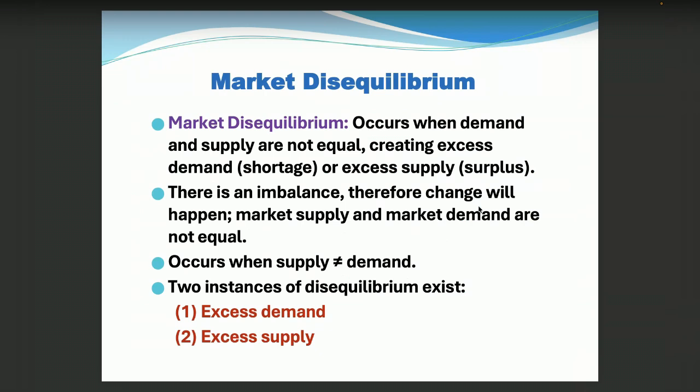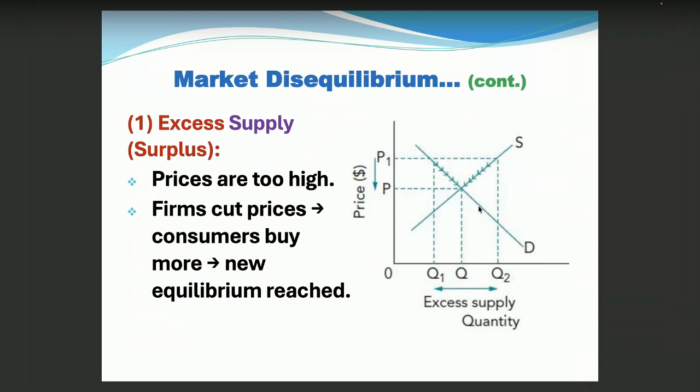Once more, where supply and demand don't equal each other, there can be two different kinds of disequilibrium, excess demand or excess supply. First of all, in excess supply, when there is a surplus of our product, our prices will be too high. Because the prices are too high, the firm owners will have an incentive to produce more in order to make more profit.